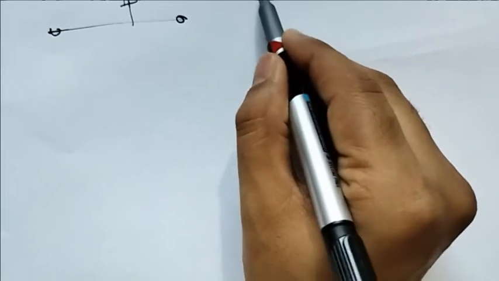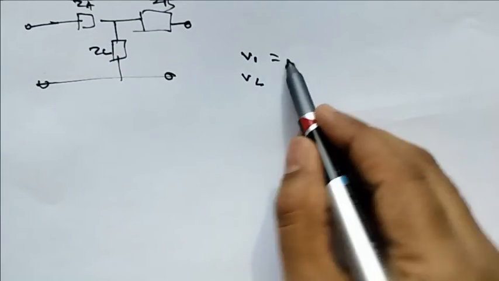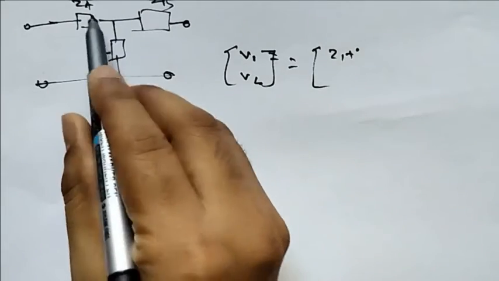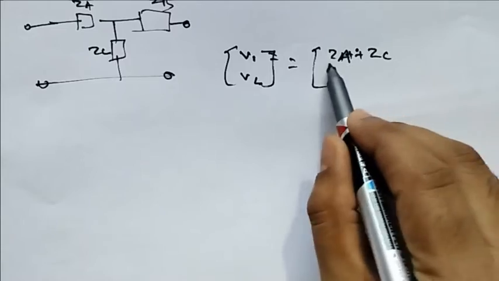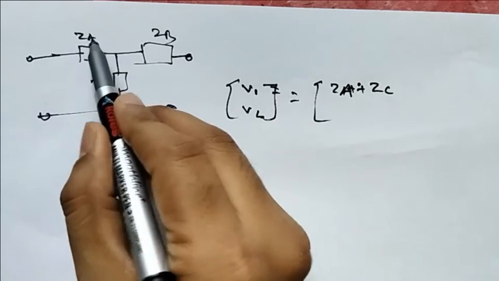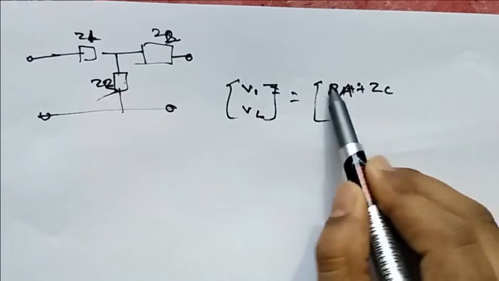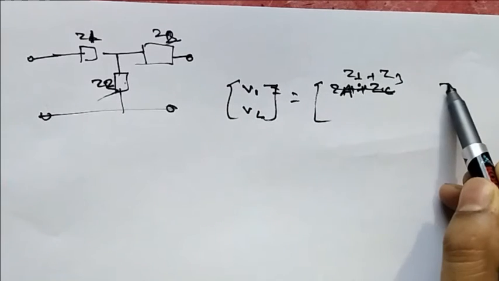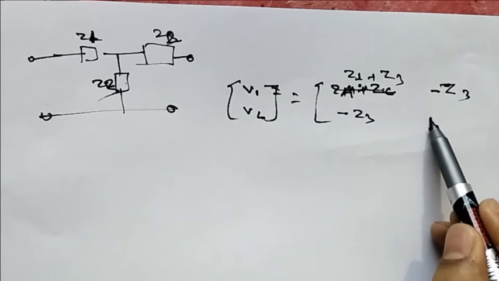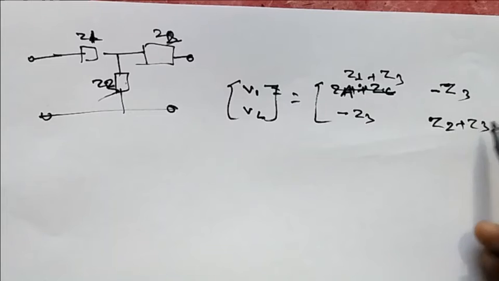Now the equation that we can write in z form, v1 v2 equal to, if I take z1 z2 z3, then this will be z1 plus z3, and this will be minus of z3, this is minus of z3, and this will be your z2 plus z3. This is the equation that we know.